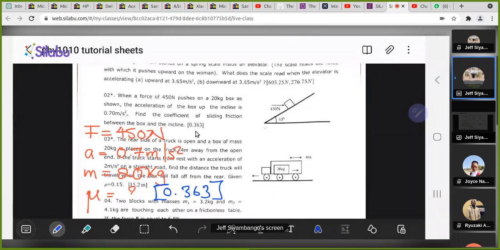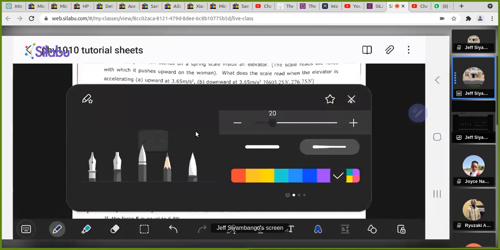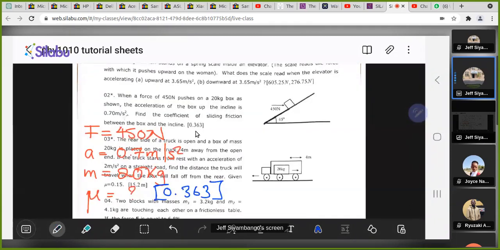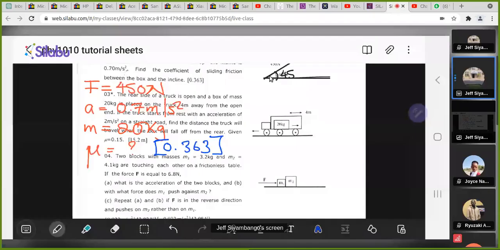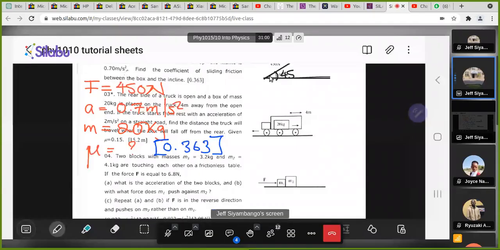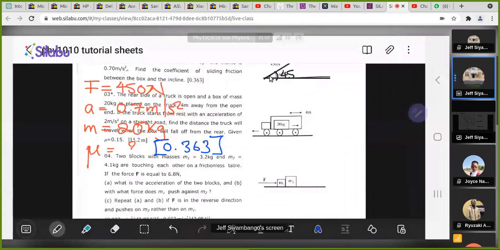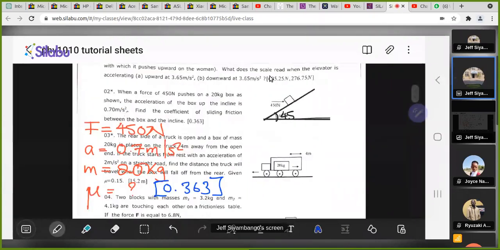Let's get a picture of the question. We have a diagram to relate to. In our diagram, they're giving us this. They are putting 45 here. Okay, so just a minute. Okay, so this is what we've been given, and that is what we are looking for. We have a picture of the question here. I just want to complete this.